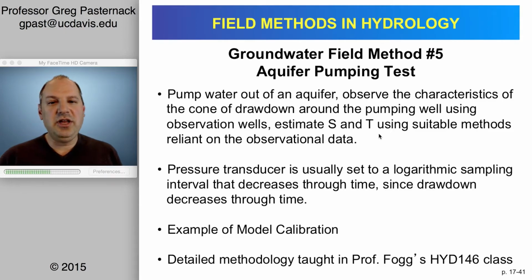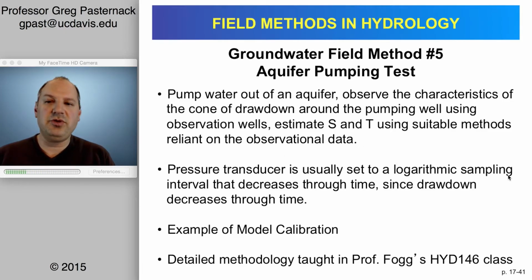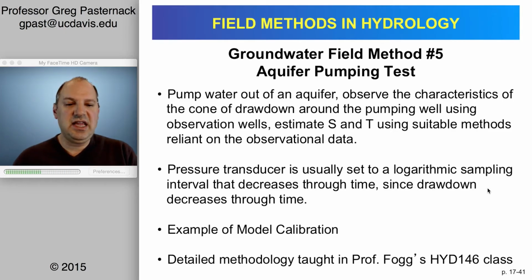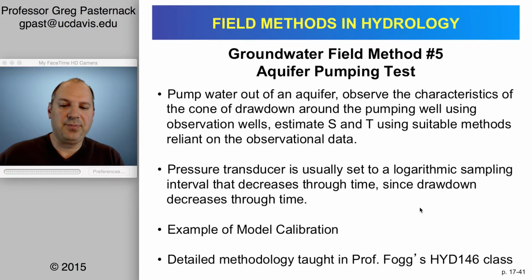and that's beyond the purpose of this class. What you need to know for this class is that you use pressure transducers. You set them to logarithmic sampling through time, so that you're sampling every second initially, then maybe every minute, eventually every hour, and then once a day. And you can see how the drawdown changes through time. So aquifer pumping is an example of model calibration.